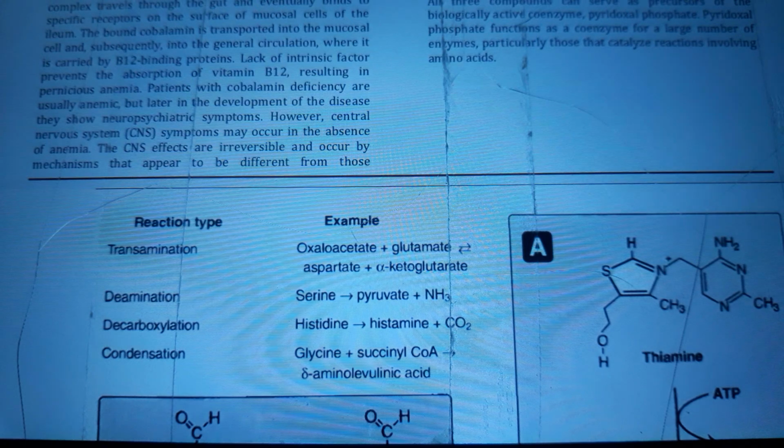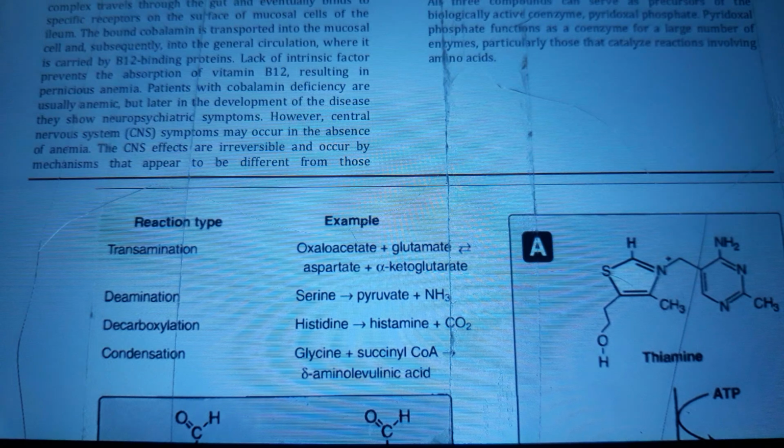The cobalamin-intrinsic factor complex travels through the gut and eventually binds to specific receptors on the surface of mucosal cells in the ileum. The bound cobalamin is transported into the mucosal cell and subsequently into the general circulation, where it is carried by B12 binding proteins. Lack of intrinsic factor prevents the absorption of vitamin B12, resulting in pernicious anemia.